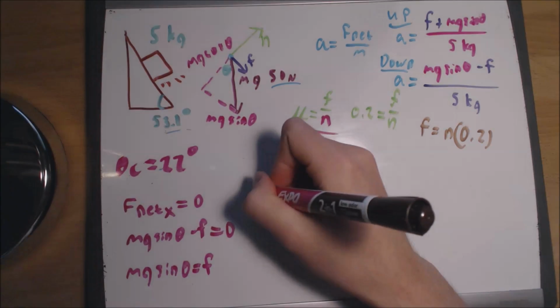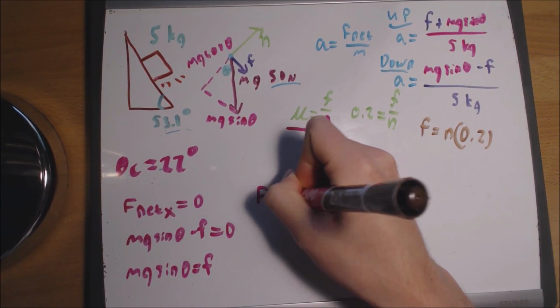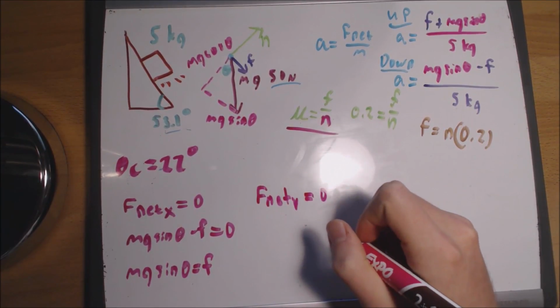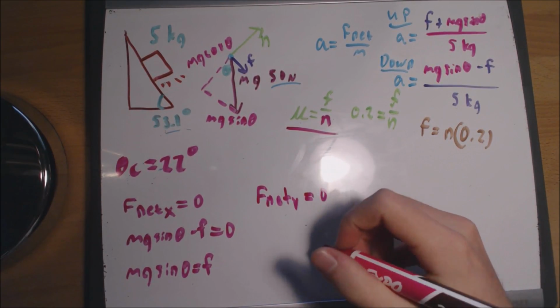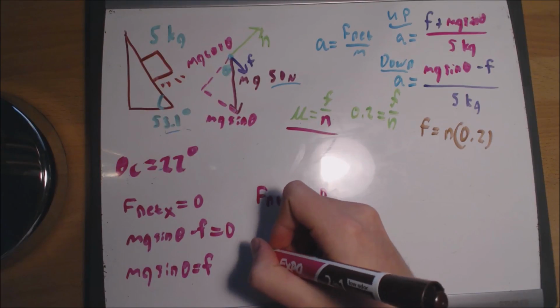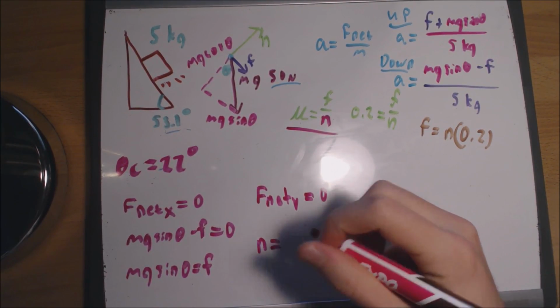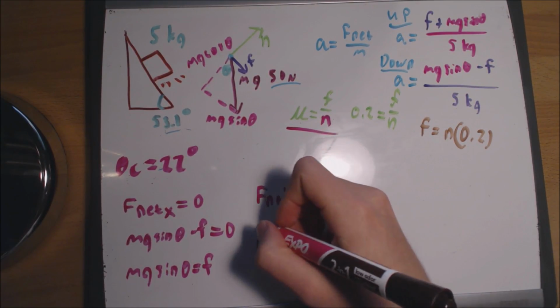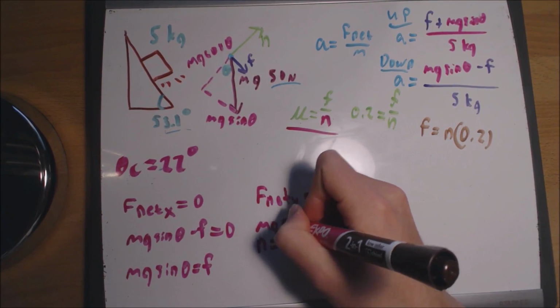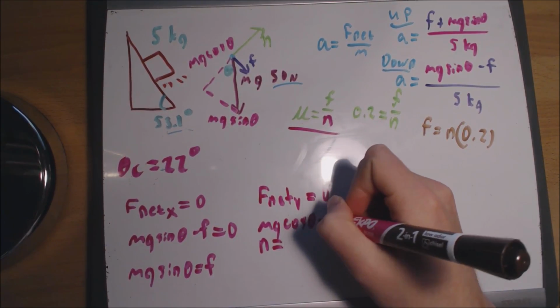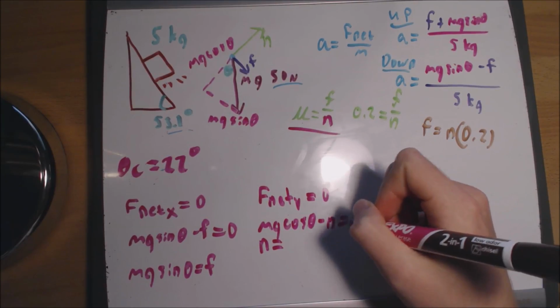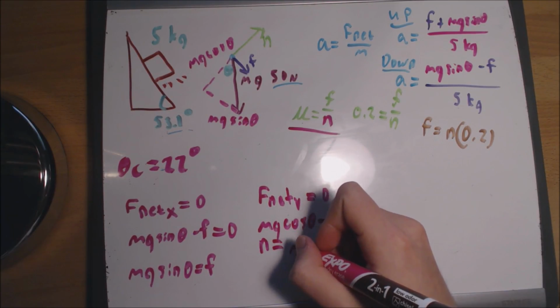And our net force in the y direction is also 0 because it's not moving, right? So we get N is equal to, oh, hold on. Our net force in the y direction is going to be mg cosine theta minus N. This equals 0. So N must equal mg cosine theta.